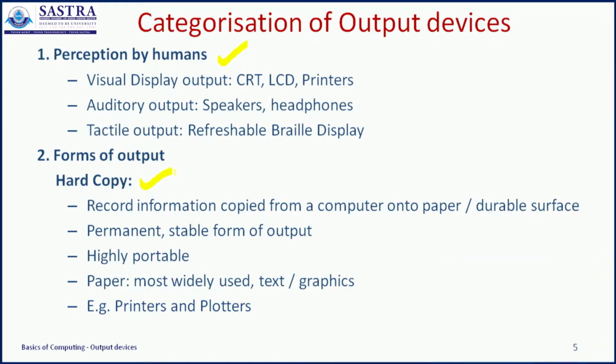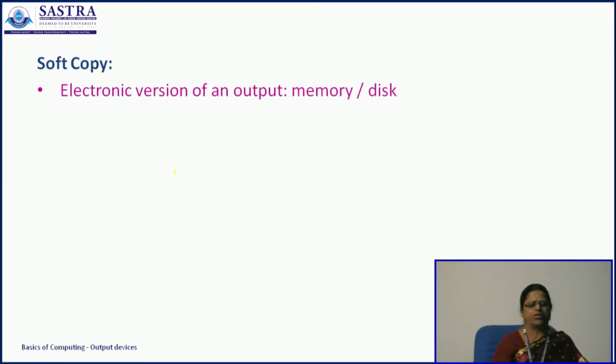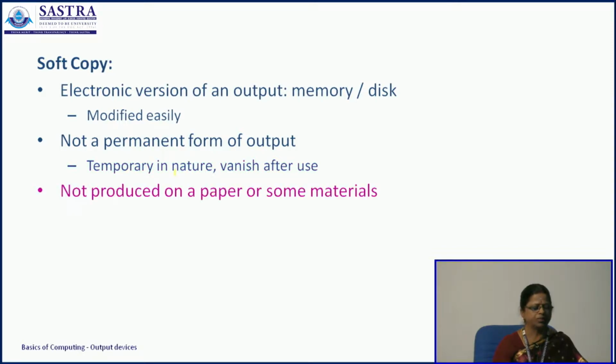Next are the soft copy devices. It is an electronic version of an output which can be stored onto a memory or a disk, and can be modified easily. It is not a permanent form of output. It is temporary in nature and can vanish after use. It cannot be produced on paper or any other material.